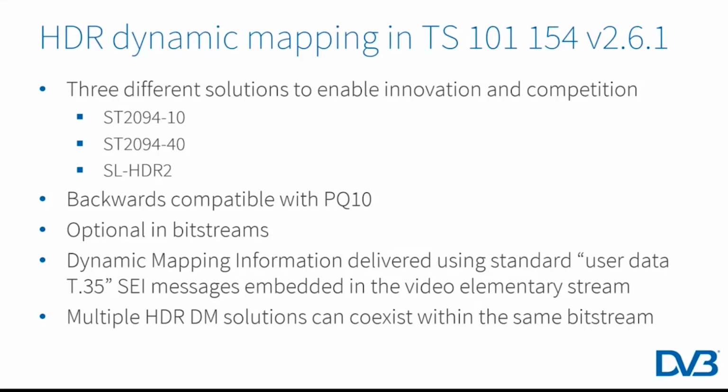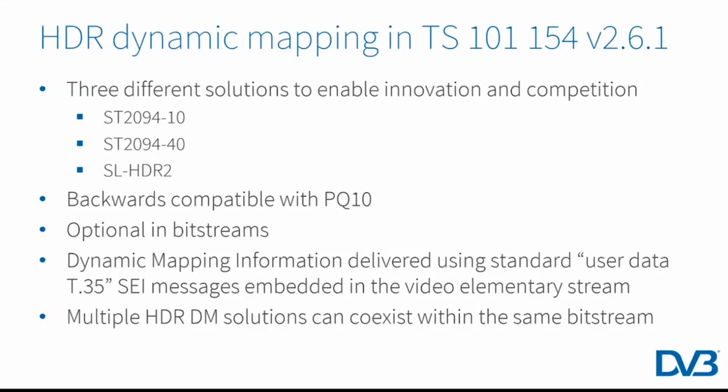And technically, these dynamic mapping information are delivered using the standard user data T35 SEI messages embedded in the video elementary stream. And if you are familiar with video elementary streams, these SEI messages can very easily be removed by a decoder or ignored by a decoder that does not understand them. So technically, it's very easy to just ignore it for a decoder and a display, of course.